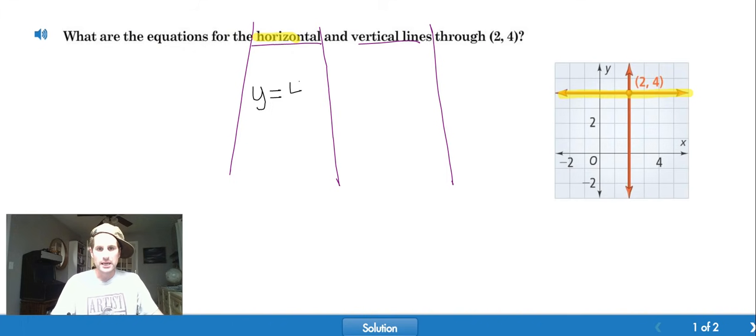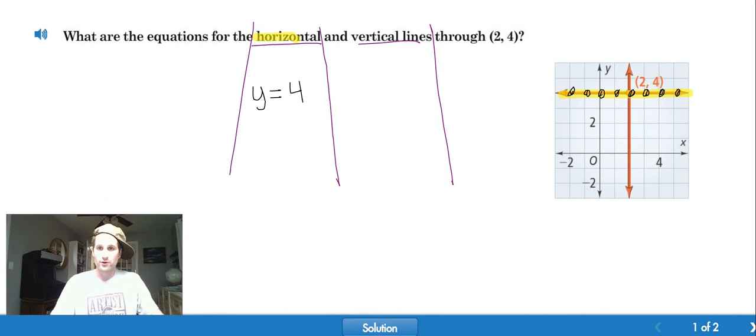At 4. Done. Did you see that? I asked myself, where does the horizontal line hit one of my axes? Which one does it hit? Y. Where? 4. The only thing that's true about the horizontal line is every point on this line has a Y value of 4. That's why we just say Y equals 4.